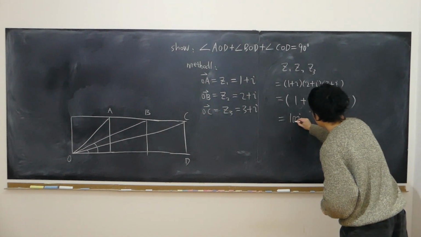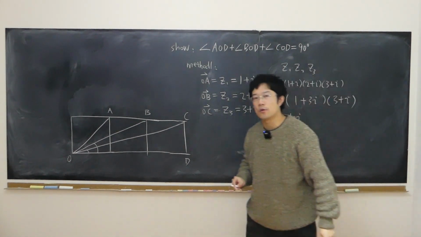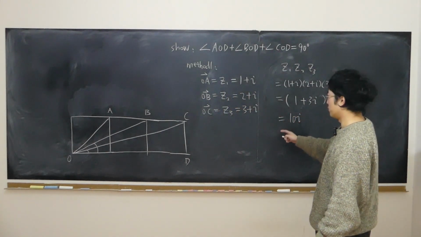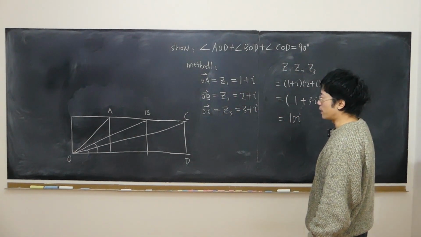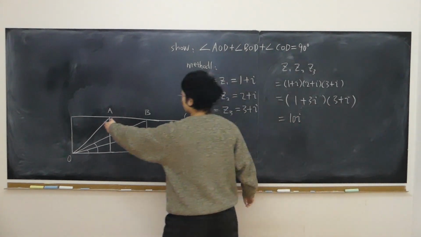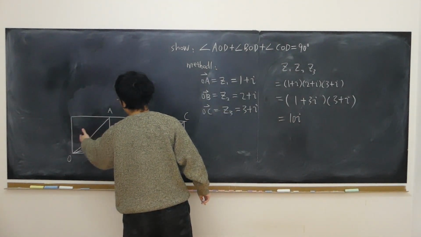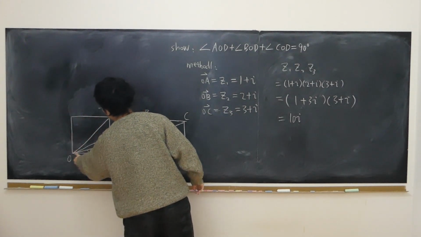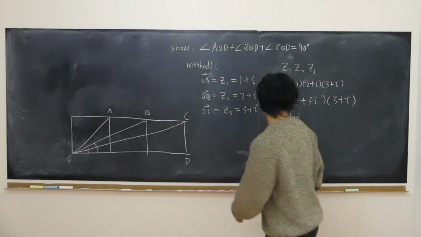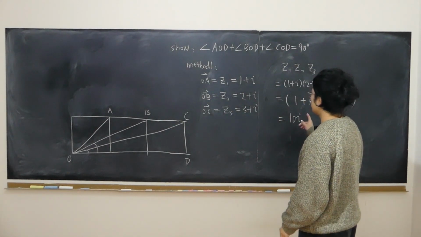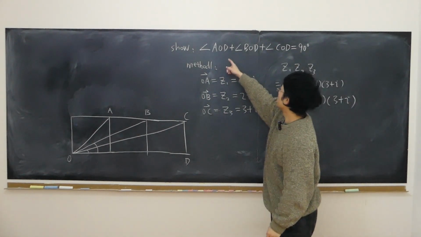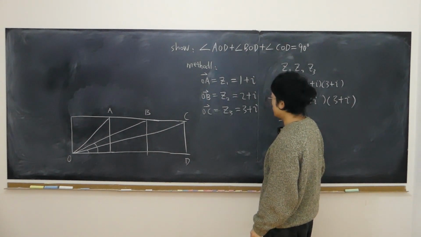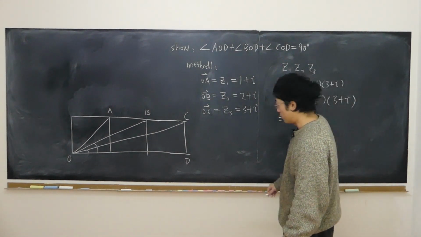So really, my new complex number has no more real parts. Just the imaginary part, length being 10. What's the direction of the vector? Straight up, no more real parts, just pointing directly upwards, right? 90 degrees. So really, I've shown that the sum of these 3 angles really add up to 90 degrees, right? Through use of complex numbers.